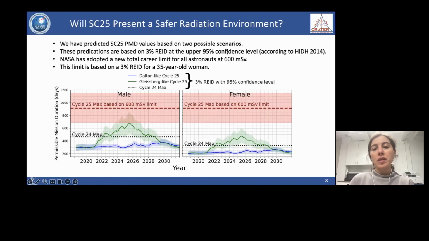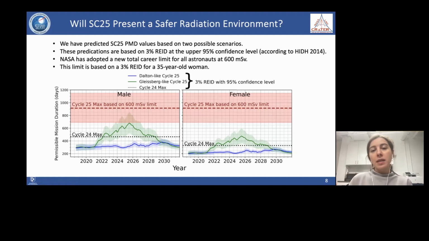at a 95% confidence level. But since then, NASA has moved to a new standard that is actually at 600 millisievert for all astronauts at all ages. So this new standard is actually based on 35-year-old female astronauts.